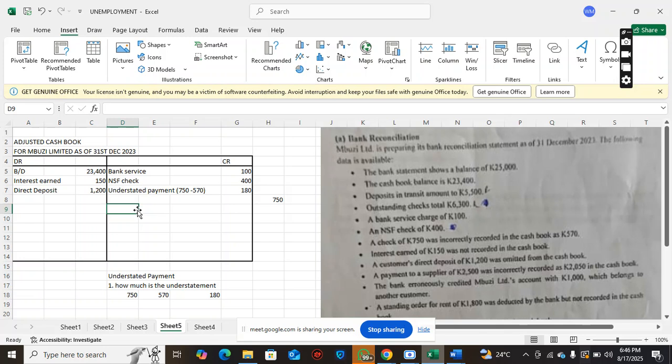Finding the difference is correct, but if you add it on the debit side, you're making another error. Colleagues, this is an understated payment.